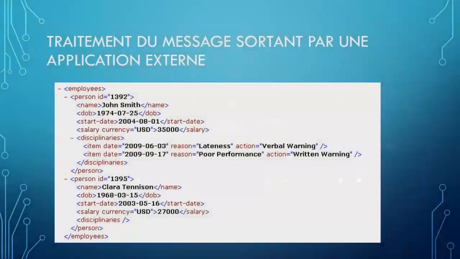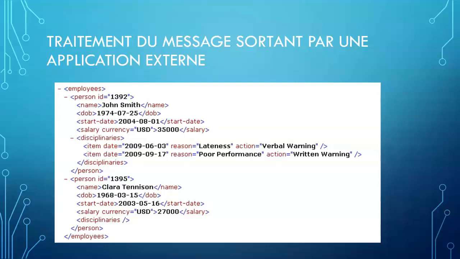Nowadays, it's replaced by other formats such as JSON, for example. Dealing with these messages can be complicated because if you're using a language like Node, you don't really have an easy way to deal with XML files. So you will need some kind of parser to convert that XML into something that the language can handle easily.